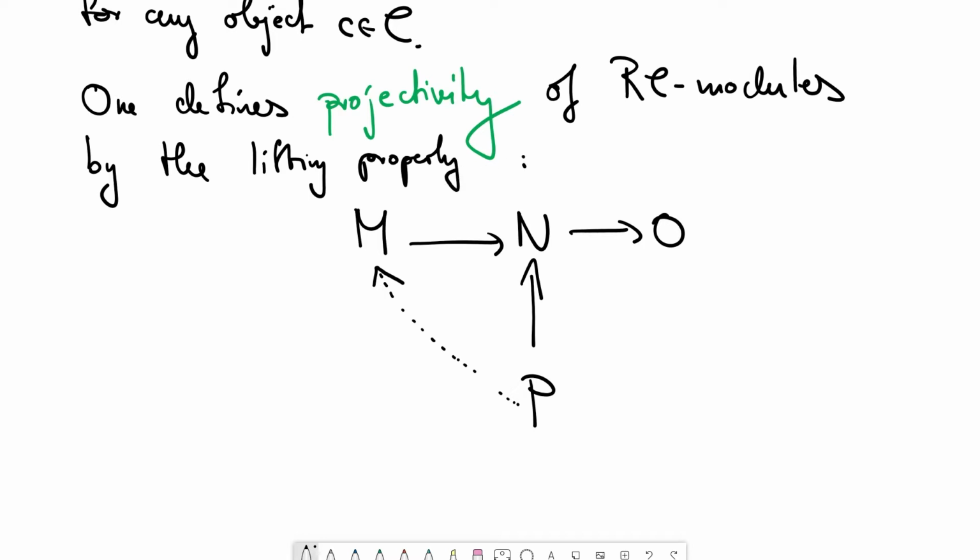So P is projective if for any situation like that, M and N, I can lift the map to a homomorphism of RC modules.